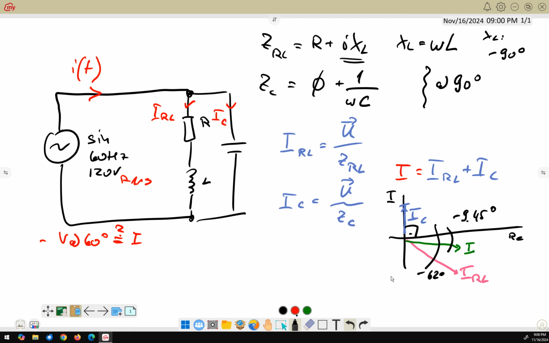We get a magnitude for all these vectors.